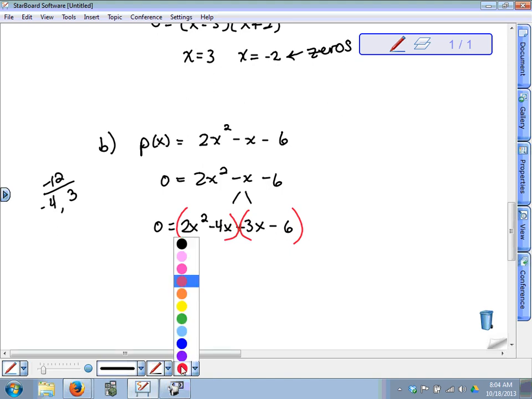Okay, so out of that first group, the one that's 2x squared minus 4x, you can factor out a 2x from that group, leaving an x minus 2. From the second grouping, you can factor out a 3, leaving x minus 2.